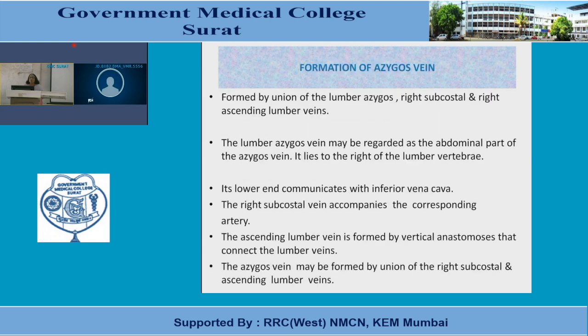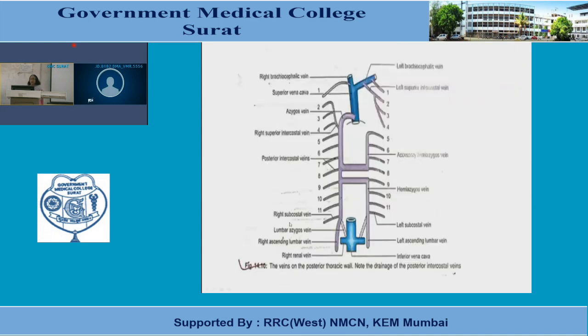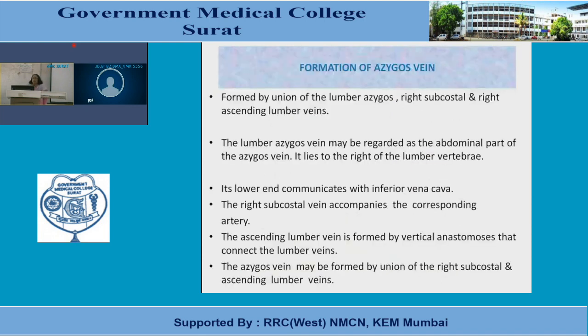Now, how is the azygous vein formed? It is formed by the union of the lumbar azygous, right subcostal and right ascending lumbar veins, as the diagram shows here. Now, the lumbar azygous vein may be regarded as the abdominal part of the azygous vein.